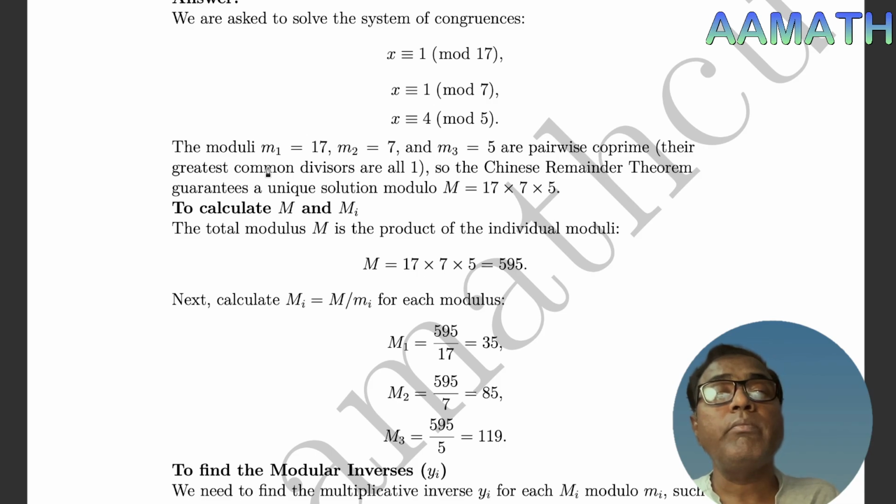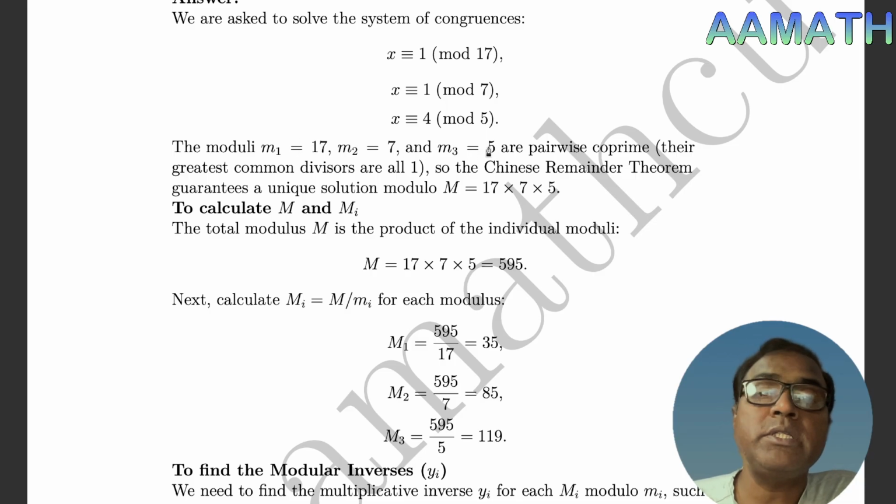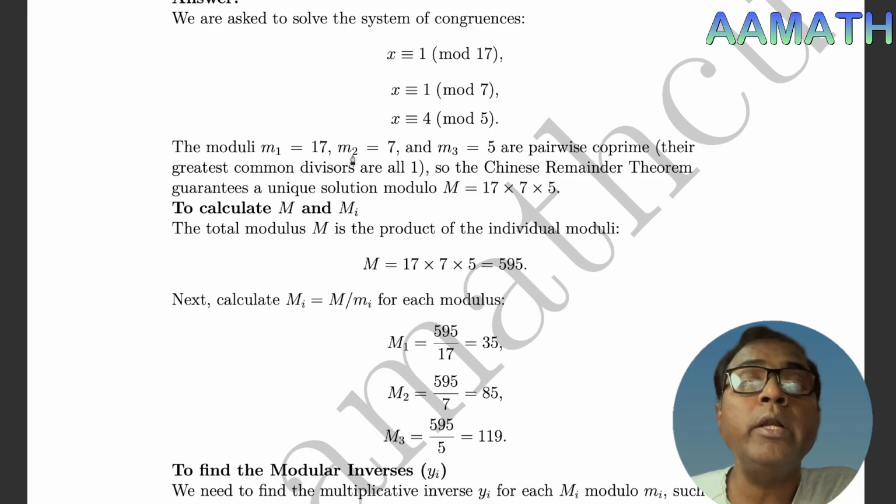The moduli M1 is 17, M2 is 7, M3 is 5, and they are pairwise co-prime. So GCD of 17 and 7 is 1, GCD of 7 and 5 is 1, GCD of 17 and 5 is 1. So pairwise co-prime. So the Chinese remainder theorem guarantees a unique solution modulo capital M, equal to M1 into M2 into M3.